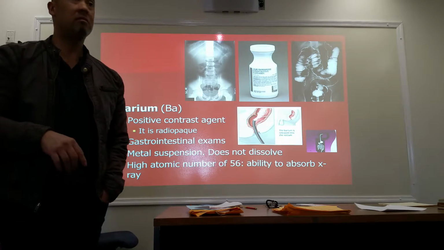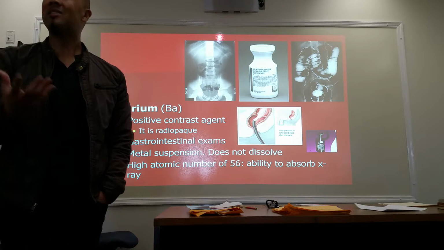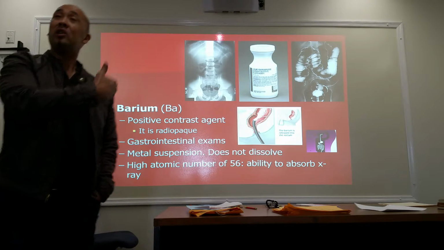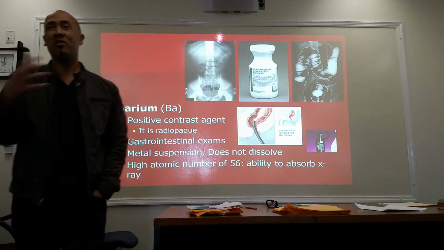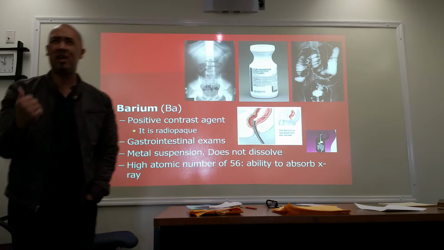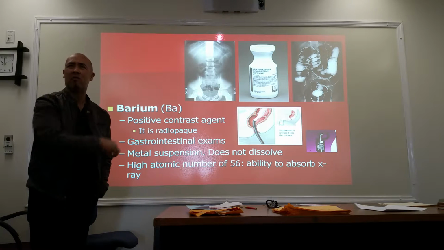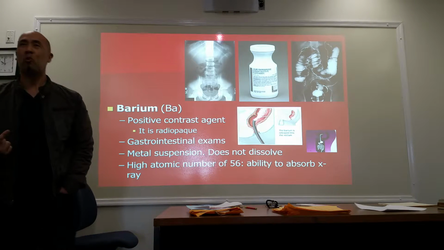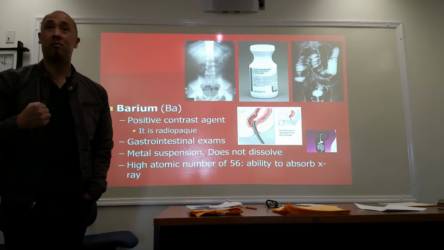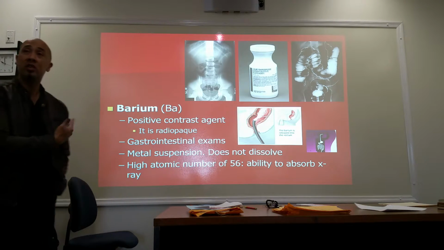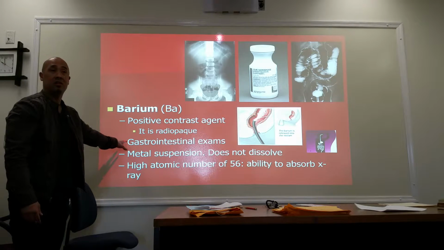It's metal. Okay? Metal is solid, right? It's ground metal. Don't think of it like metal shavings. It's just a metal in powder form. And then we mix that up with water and we introduce the contrast by way of mouth or through the rectum. This barium is generally used for GI studies.